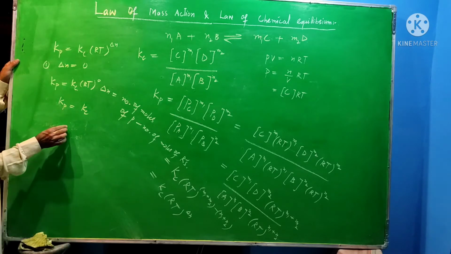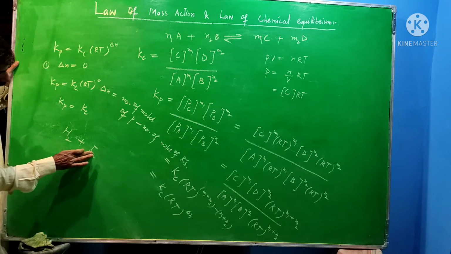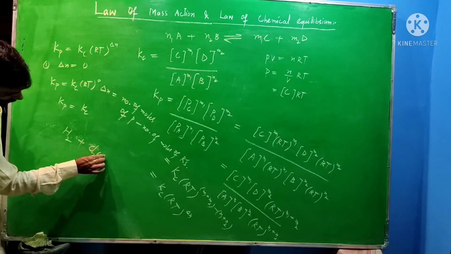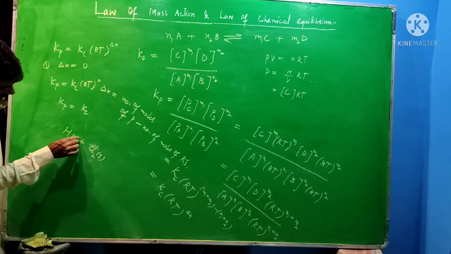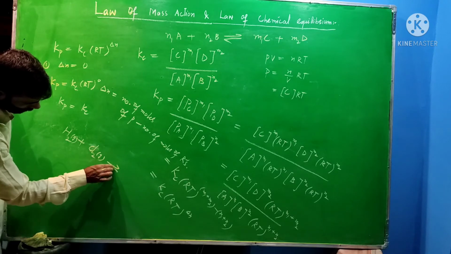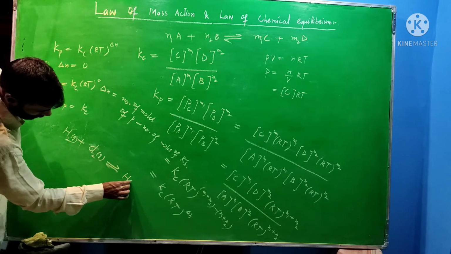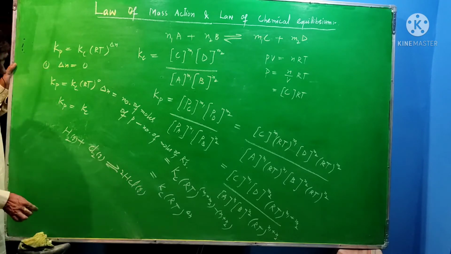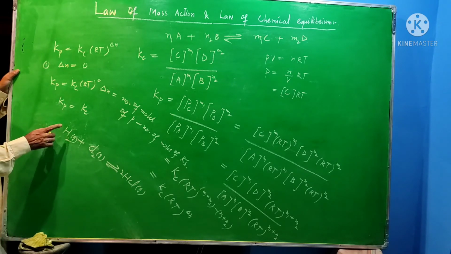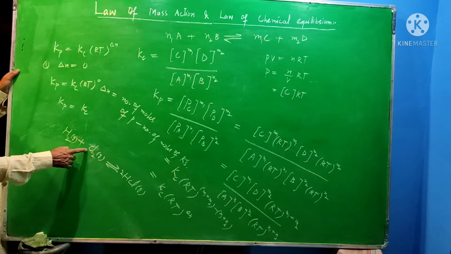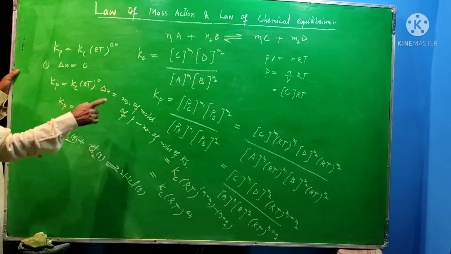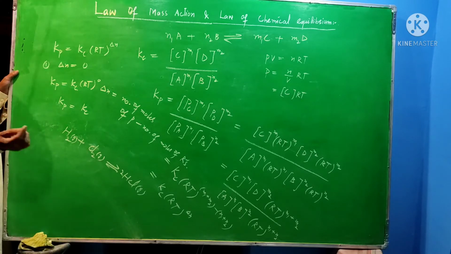For example, let us take the reaction H2 plus Cl2, both as gases, leading to the formation of 2 HCl gas. The number of moles of reactants is 1 plus 1, that is 2. Here also 2 moles of products. So delta n is equal to 2 minus 2, which is equal to 0.